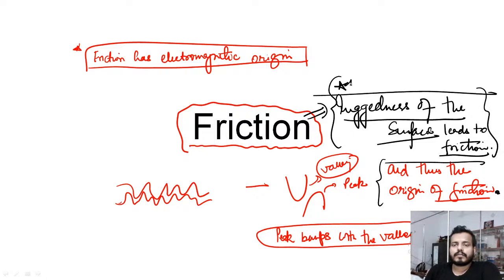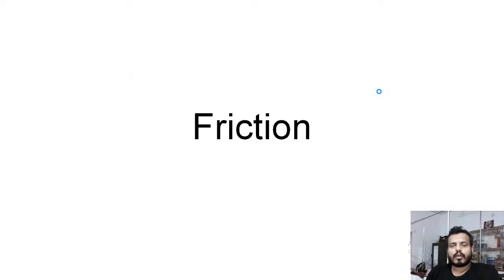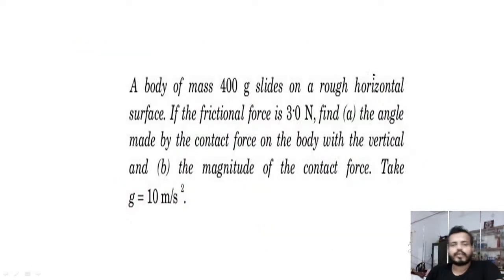The ruggedness of the surface leads to what? Friction. Alright. So how do we quantify friction? So we'll see that. Before that, we'll draw some graph of friction.